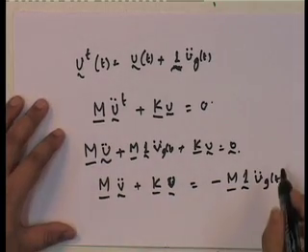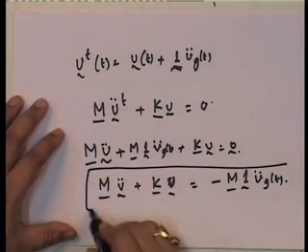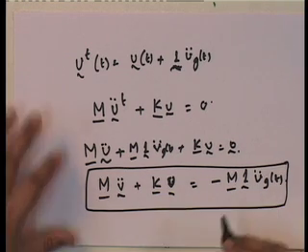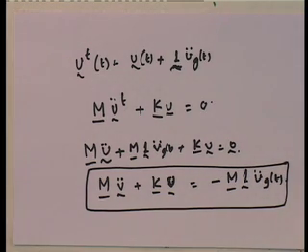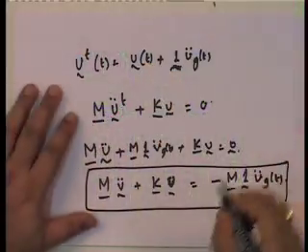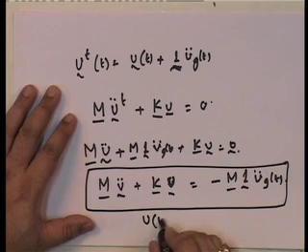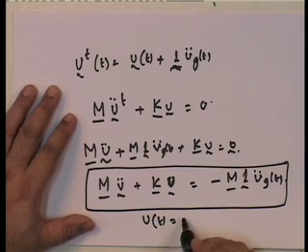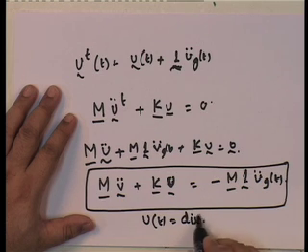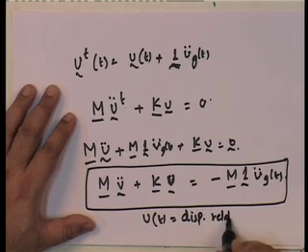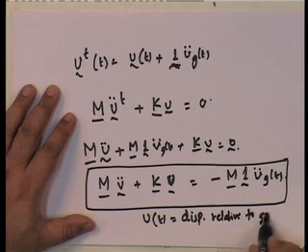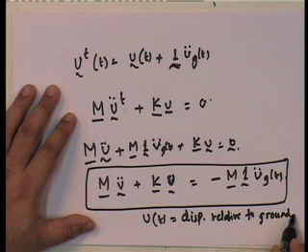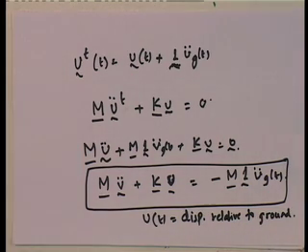Note that this then becomes the equation of motion, where note that V of t is displacement relative to ground. Please understand that this is a displacement relative to the ground.